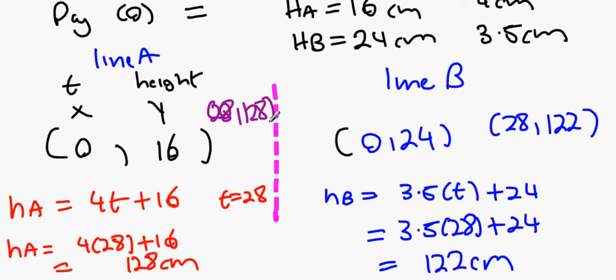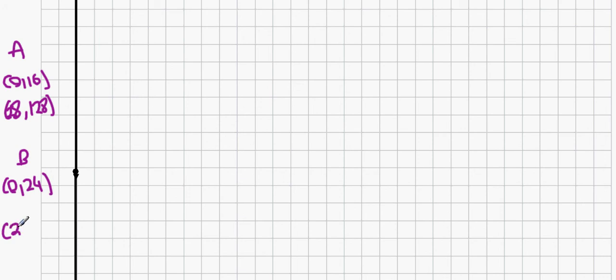Okay, so 0.16, A is going to be 0.16, 20, 28, 128. B has 0.24, and it ends on 28 and 122.